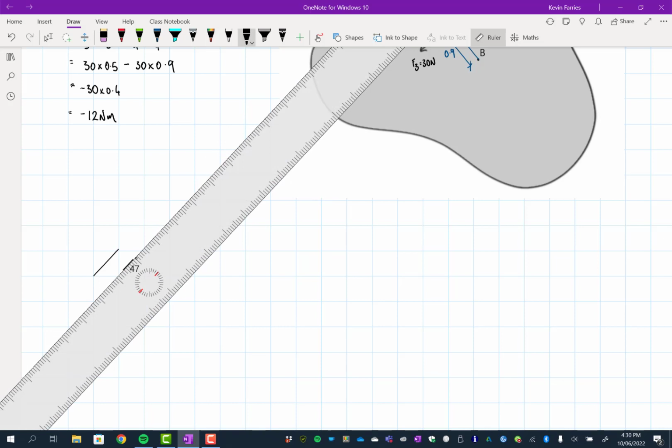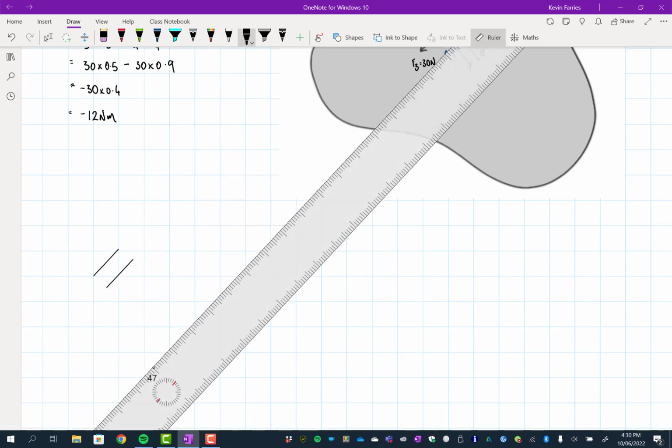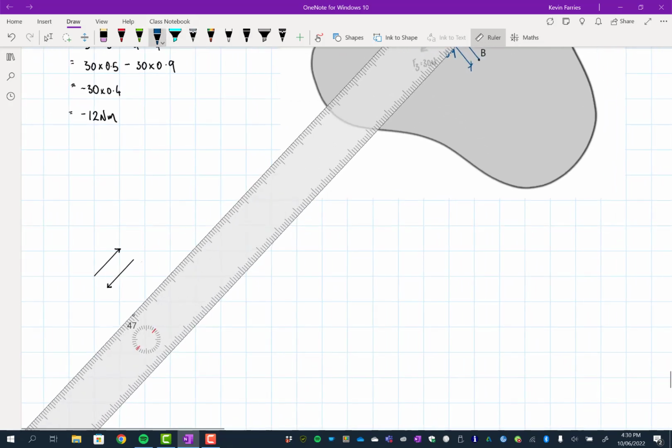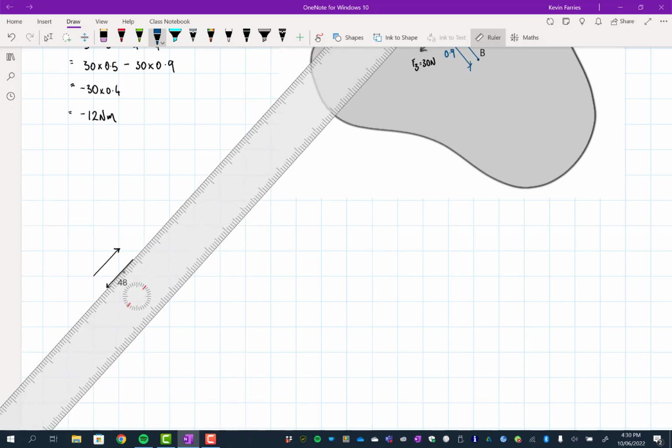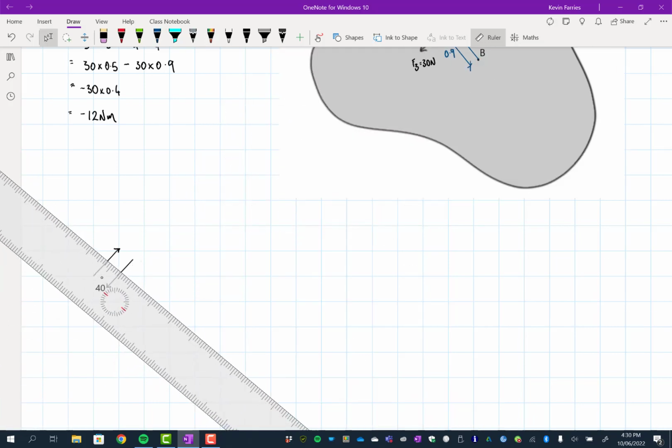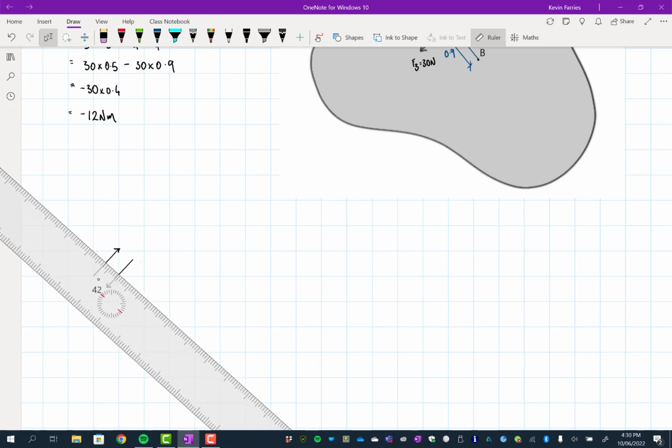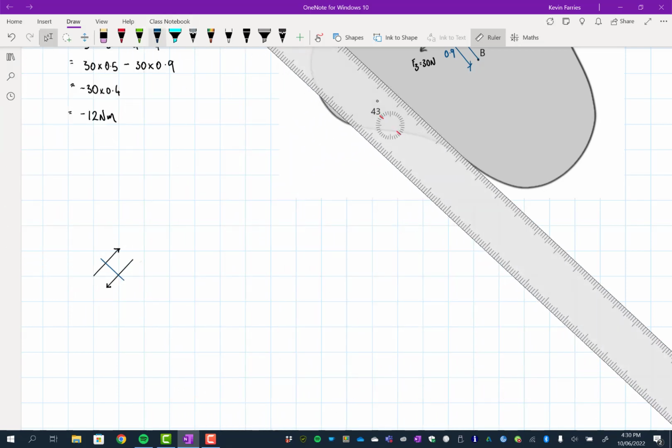So a couple is something like this, and there's a lever arm between them of D. Suppose this is F and this is F, and we'll just put a dot in the middle just to show where we're applying it to.